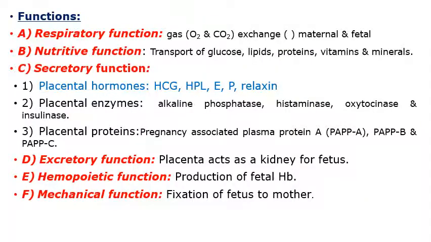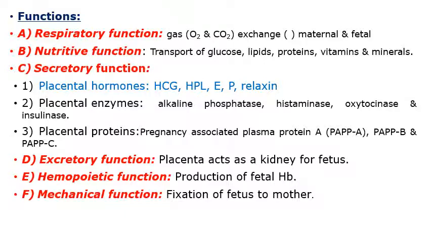The function of the placenta is respiratory, with the exchange of gases between the mother and fetus. Nutrition, it transports everything: glucose, lipid, protein, vitamins, minerals. And it has a secretory function.